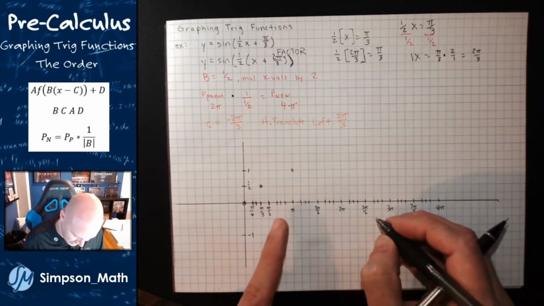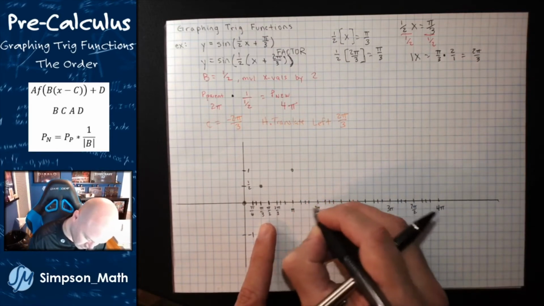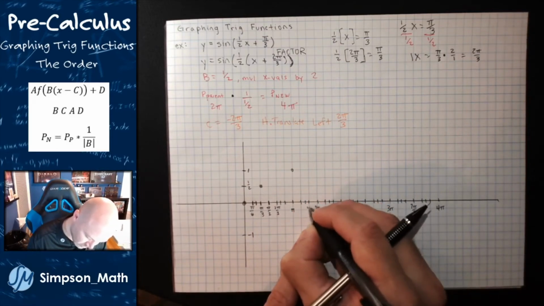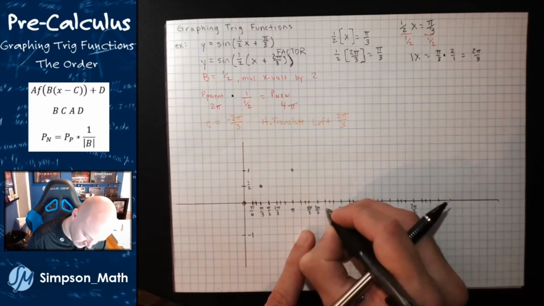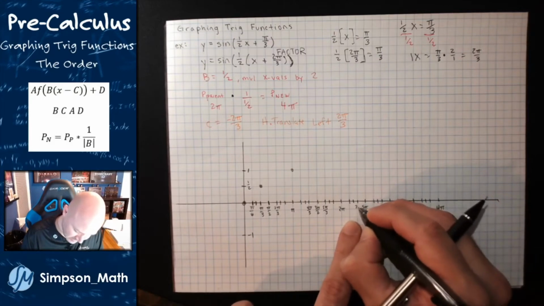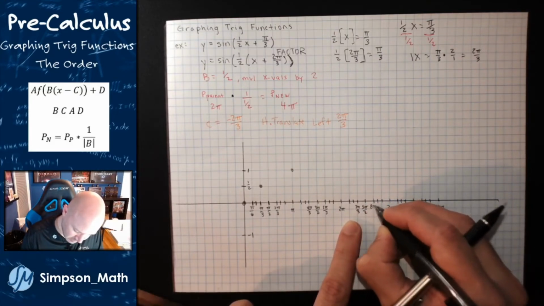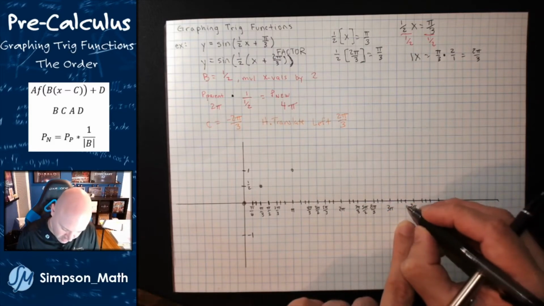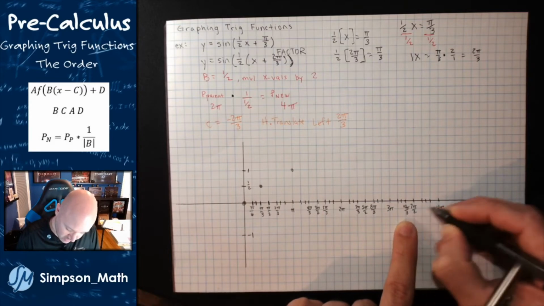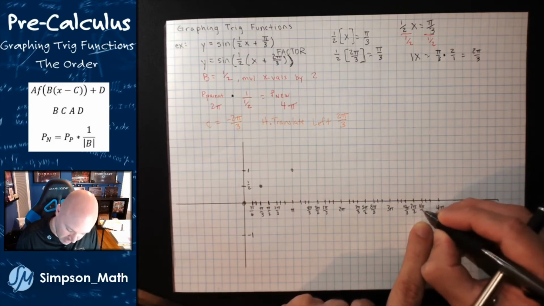If that's pi/2, pi/3, 2 pi/3, 3, 4 pi/3, 5 pi/3, 6, 7 pi/3, 8 pi/3, that's 9, and then 10 pi/3. The next one will be 11 pi/3.